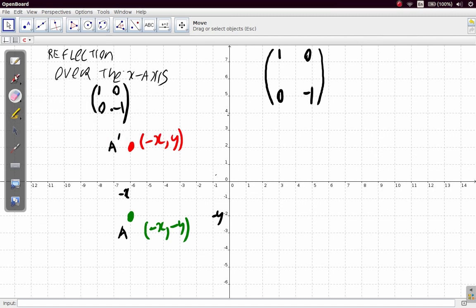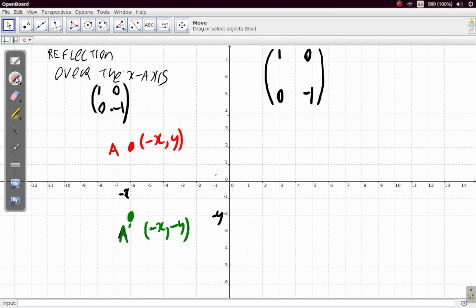So we imagine that what we have here is our point A. Point A is reflected down to A prime, and this is A prime.